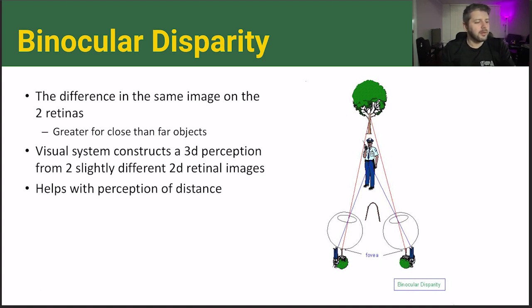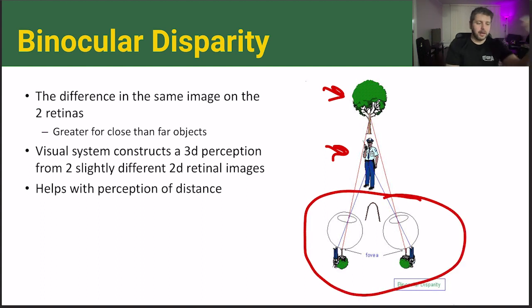If you see, there we have a tree, and then we have a policeman. The policeman is closer to the eyes, which are here, than the tree, and therefore the light, as it hits the policeman and then enters both of our eyes, follows this principle here: the difference in the projection of where the light is hitting both retinas is more displaced for near objects.